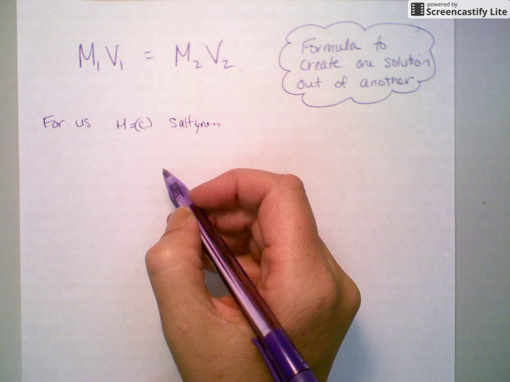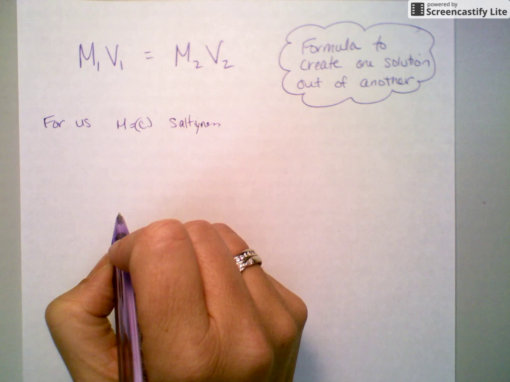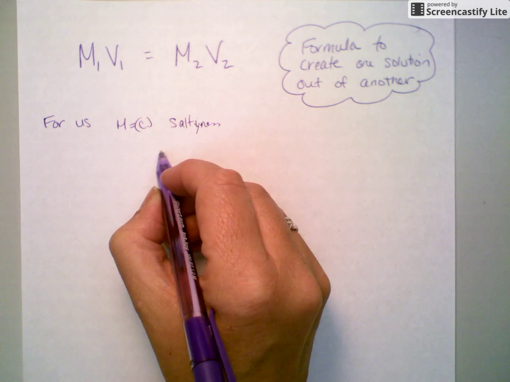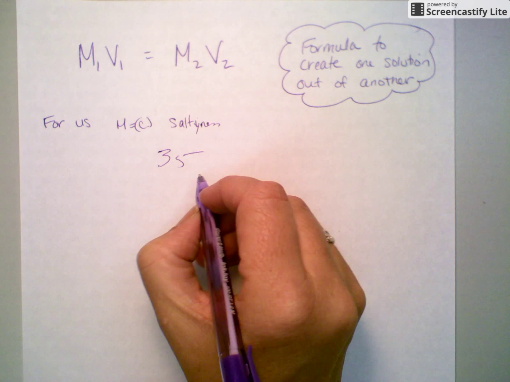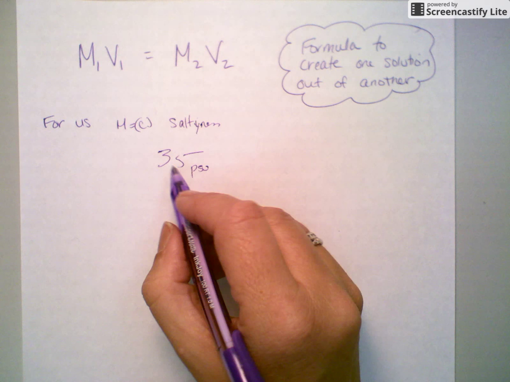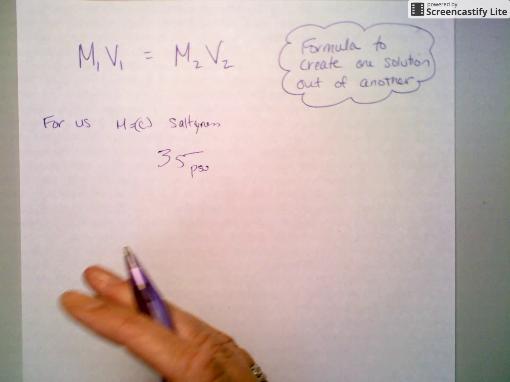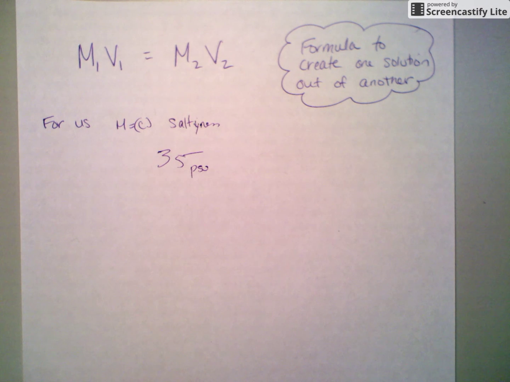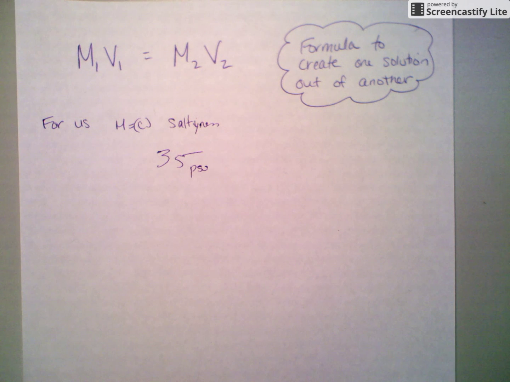So let's say everybody starts with water tomorrow that's ocean water. And ocean water is 35 PSU. We are going to use that to create some lower concentrations of salt water. So let's just say you wanted to cut the amount of salt down to half. You wanted a 17.5 PSU water sample to see if your brine shrimp could handle being in that low of a salt water solution.